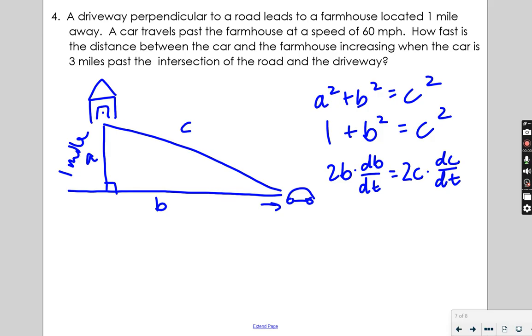All right, now we just got to plug everything in and then solve for what we have left. A car travels past the farmhouse at a speed of 60 miles per hour. That's a rate, so I know it's either dB/dt or dC/dt. What do you think? dB/dt. Yeah, because this is the car going that way, going 60 miles an hour. So I'm going to plug in the 60 right there.